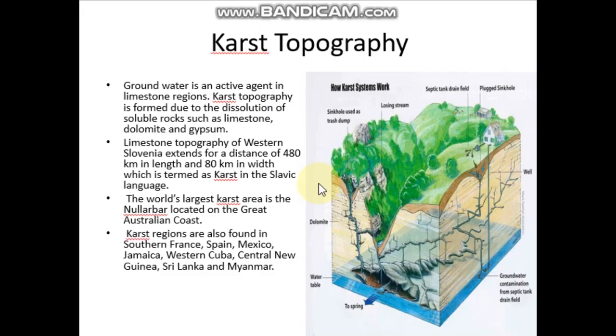Which are the soluble rocks? Limestone, dolomite and gypsum. Limestone topography of Western Slovenia extends for a distance of 480 km and 80 km width, which is termed as karst in the Slavic language.